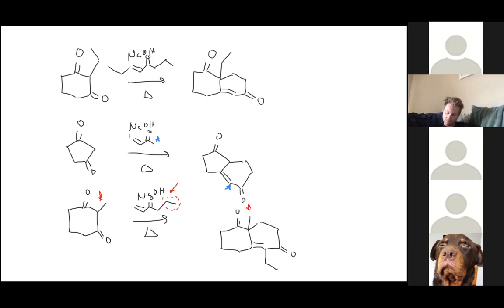This on the right corresponds to this position, which means if we added an ethyl group here, we need 2 more carbons in this position. Adding an ethyl here adds 2 more carbons to this position. So they look like big, scary reactions, but in fact, they all kind of always do the same thing, which makes them a little bit less intimidating.